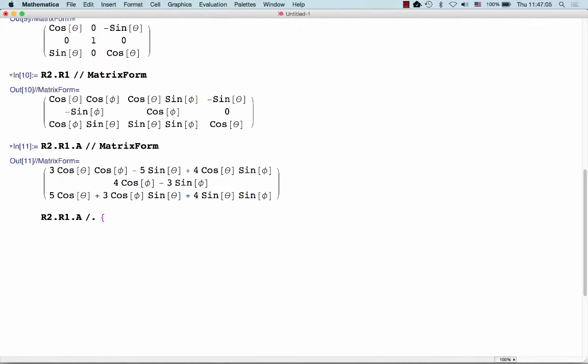So for instance, we can let phi be 60 degrees. Now, since we work in radians by default, we have to tell Mathematica that it's degrees. And we can tell it also that wherever it sees a theta up in this previous stuff, to replace it instead with 30 degrees. Okay, and we'd probably still like to see it in matrix form at the end.